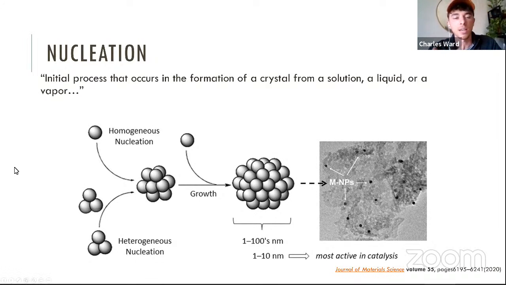But we have two types of nucleation that can happen, homogeneous and heterogeneous. Both of them involve these atoms or molecules coming together to form a particle that creates a new solid liquid interface. And then growth mechanisms take over from there.